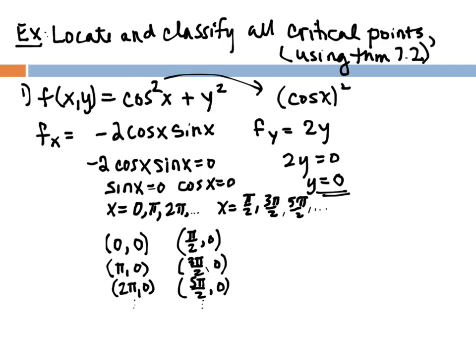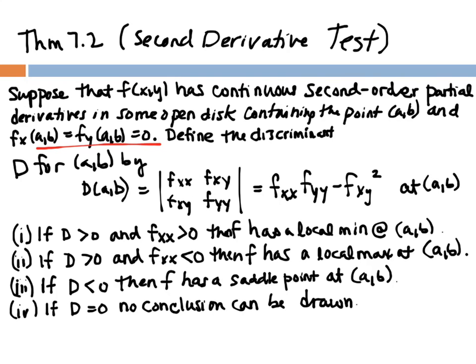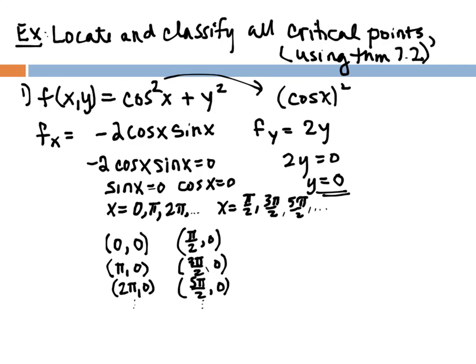The next thing that we're supposed to do is take the second partials. Okay? So I need the second partial with respect to x, the second partial with respect to y, and then I need the mixed partial. So f sub xx is what? It is a product rule, right?